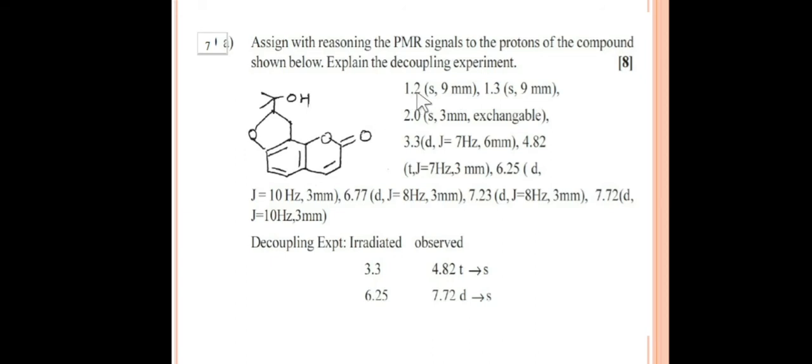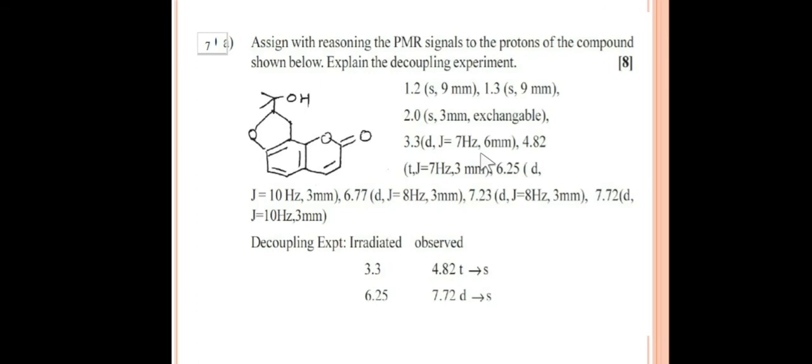first two signals: 1.2 singlet 9 mm and 1.3 singlet 9 mm. Sometimes, instead of giving the number of protons directly, they give us the height of the integration, and as everyone knows, the height of the integration is directly proportional to the number of protons.